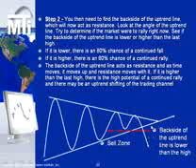Because the backside of this line is resistance. Now, if the backside of this line is lower than the high, there's an 80% chance of a continued fall. If the backside of this line is higher than this, there's about an 80% chance of a continued rally.